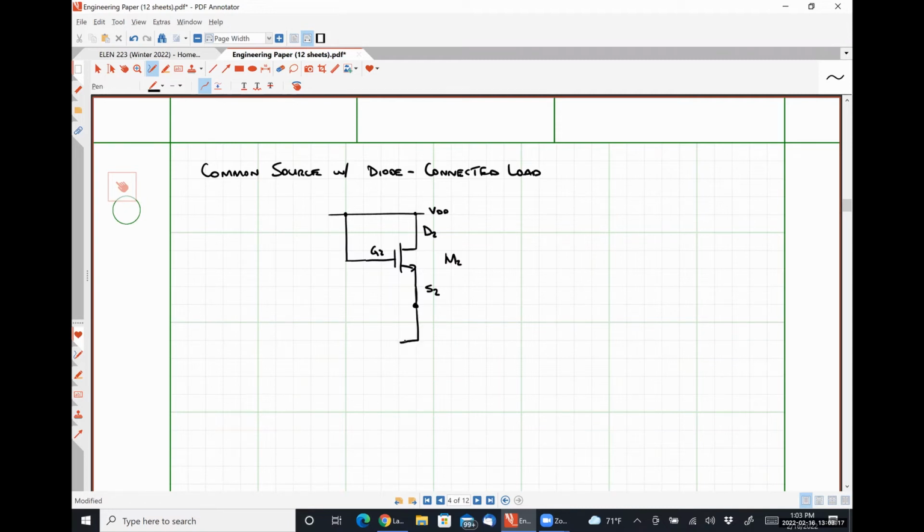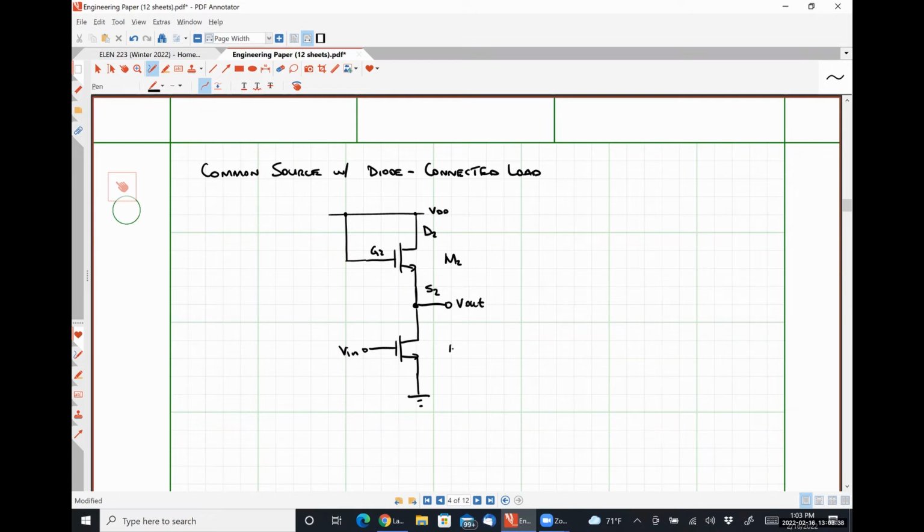And then down here is my amplifier stage, where I apply V in. Here at the drain, I take V out.